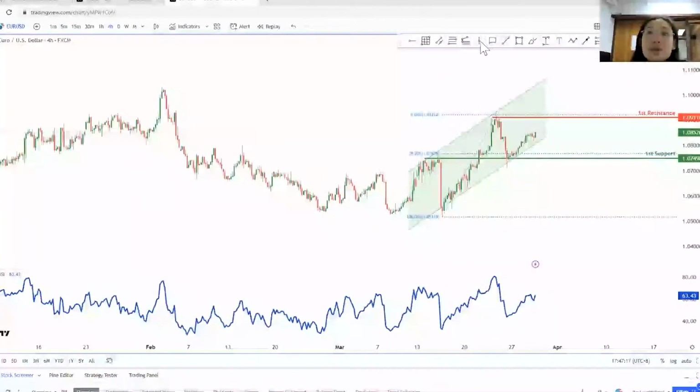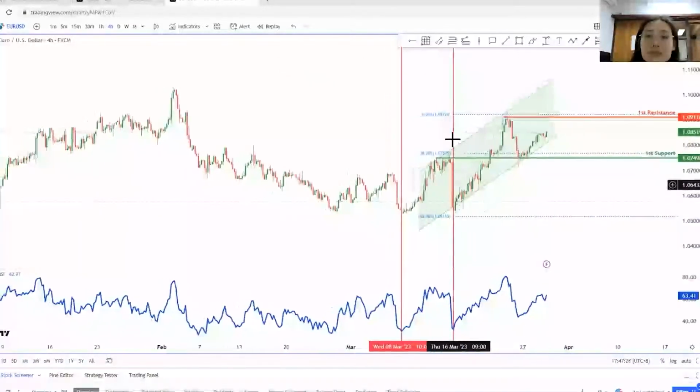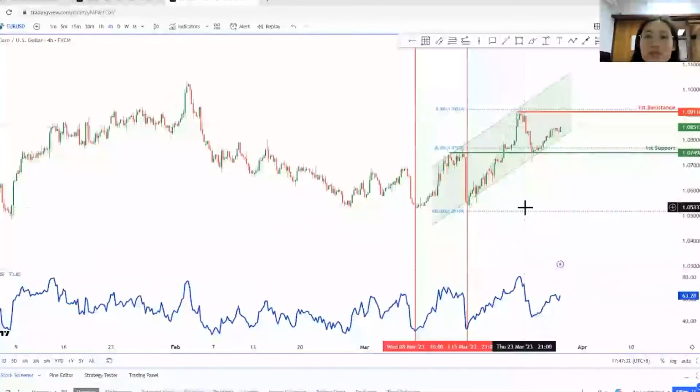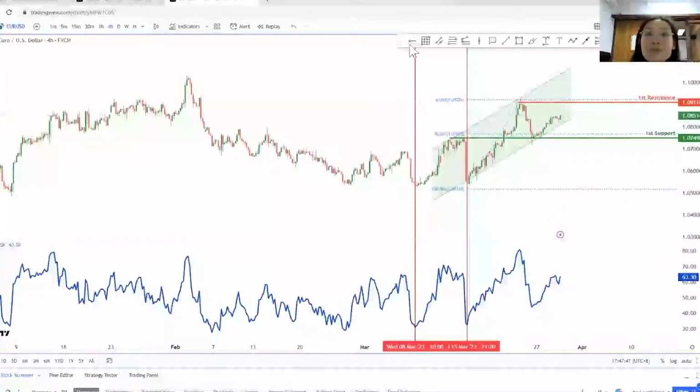Okay, so same thing, I'm going to pull out my vertical line and see if we can find any divergences. Okay, I think we have one here. Okay, yes, but it is not very obvious.